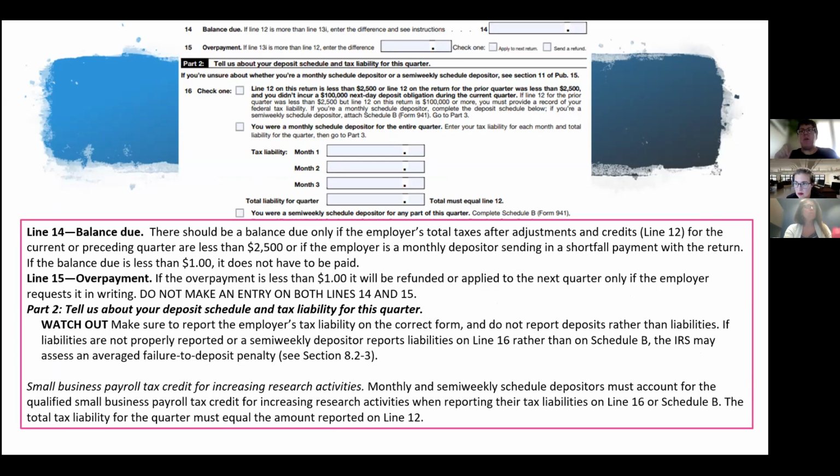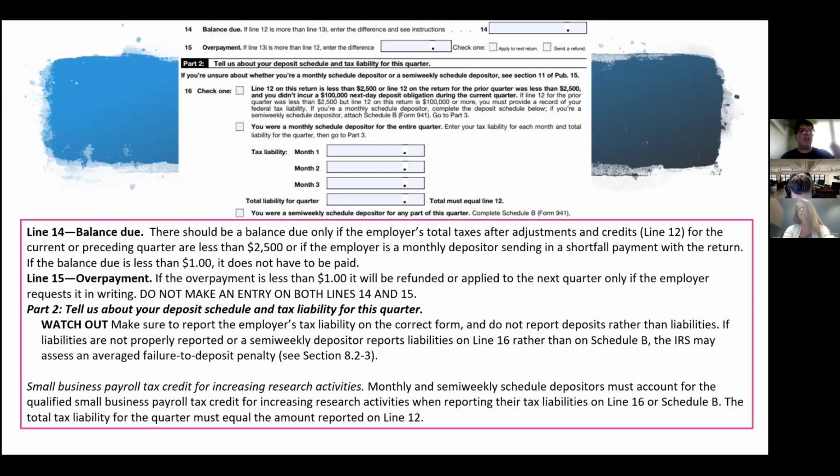You're not going to have both a balance due and something back, so there should never, ever be something in both lines 14 and 15. If you have an overpayment, be sure to check either apply to the next return or request a refund back. You need to check one of those, otherwise it might go into limbo. But do make sure that you check one of those.